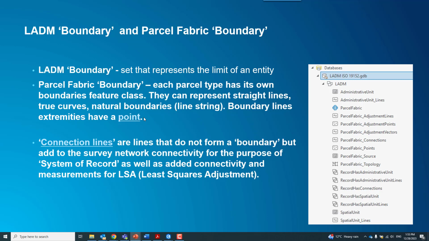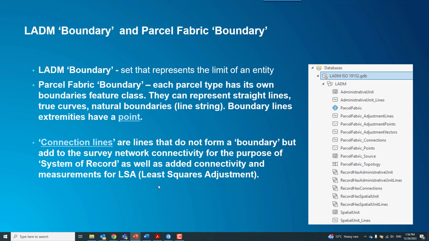Those are surveying tie lines, for example, that do not create a parcel boundary, but can hold measurement information. And we support different types of boundaries. We support true curves, natural boundaries, and two-point lines, of course. And again, we talked about connection lines, and everything, of course, is associated to the source.